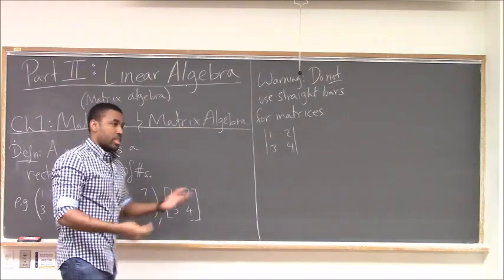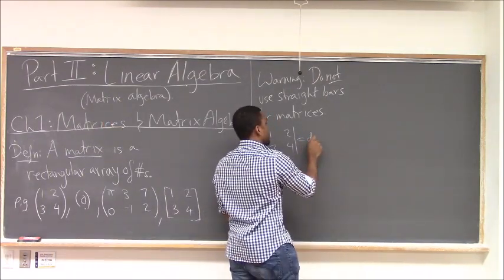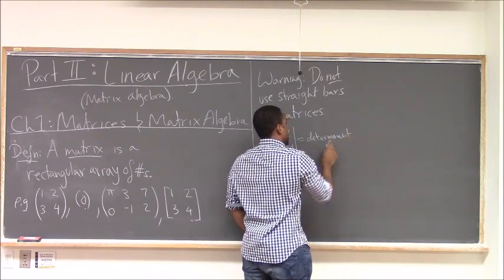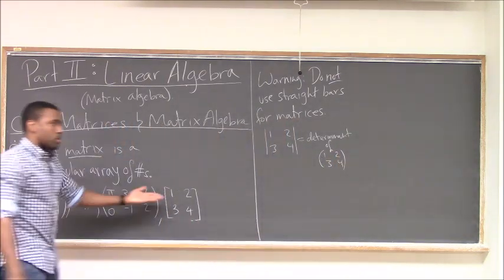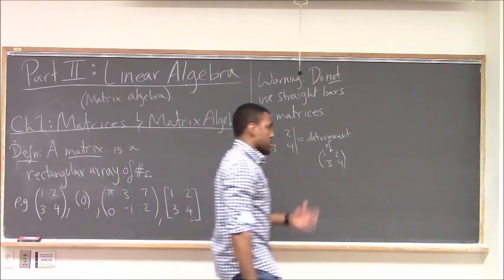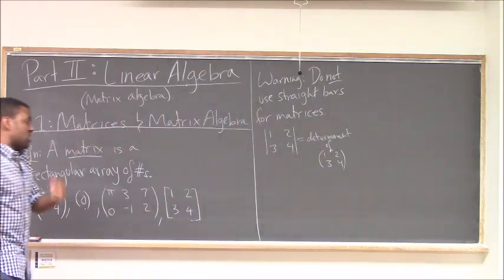It means something when you put straight bars. This is referring to the determinant of the matrix. So you can write parentheses or brackets. Do not write straight lines because it means something else. Determinant we'll cover in a later chapter. But this is just basically a matrix.